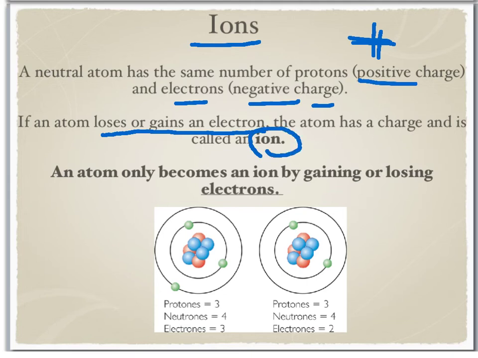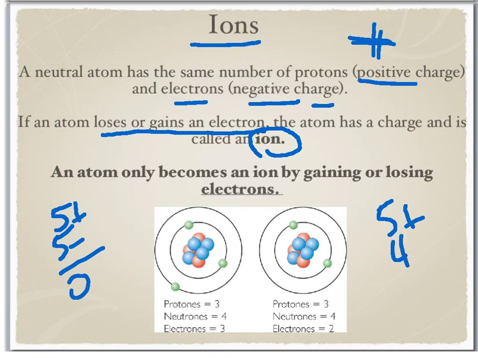So, for example, let's say an atom has 5 protons and it has 5 electrons. As you can see, there's the same number of pluses as there are minuses. It's neutral. But what if it has 5 protons and only 4 electrons? Well, then the atom has a net charge of +1.